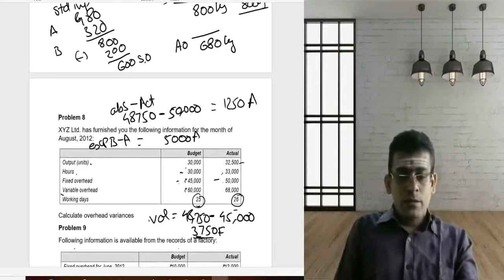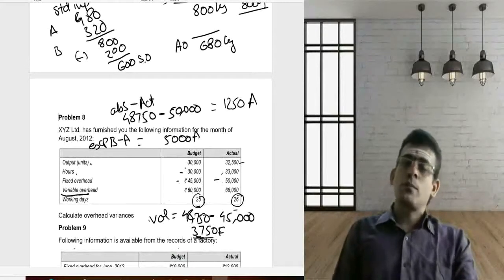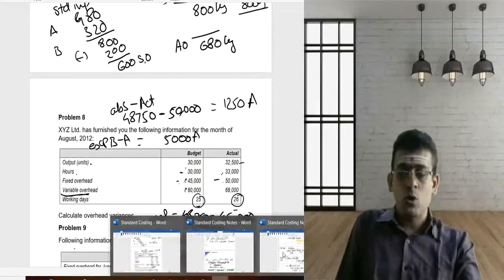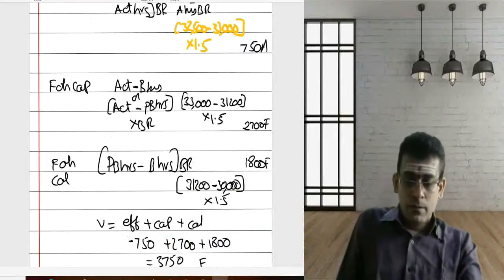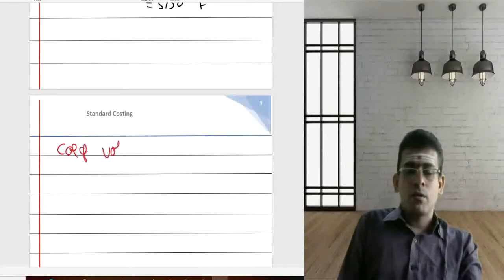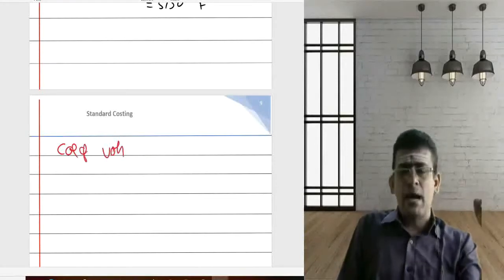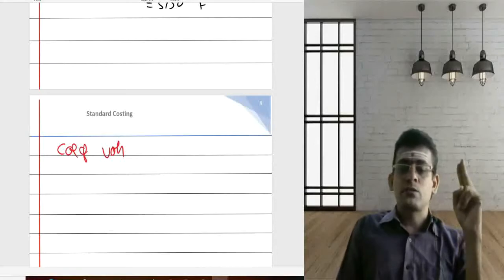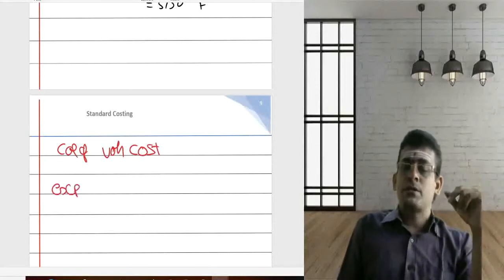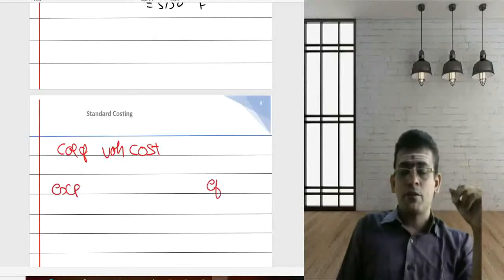Here, this problem is also asking you to compute something called the variable overhead variance. That let us do. Then we'll move on to the 10th problem. So now, variable overhead variance. Calculation of variable overhead variance is the same as your labor. Only three variances will be there: variable overhead cost variance, variable overhead expenditure variance, variable overhead efficiency variance.